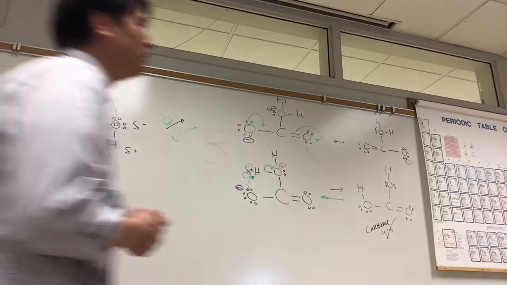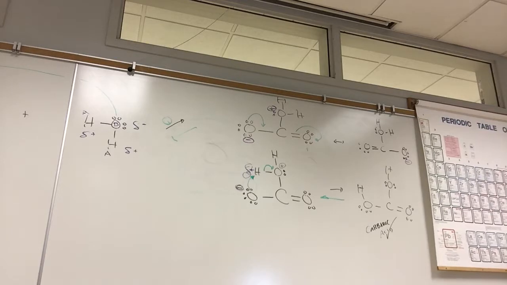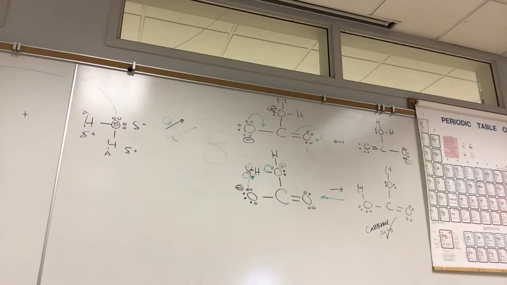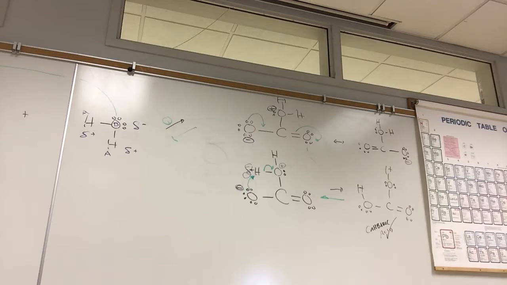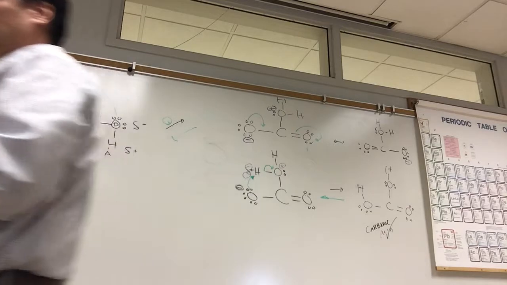What about semi-metal oxides? Non-metal oxides, acidic. Metal oxides are basic. Semi-metal oxides are? In between. What's in between? Amphoteric. Semi-metal oxides are amphoteric. They react either way. They're in between.